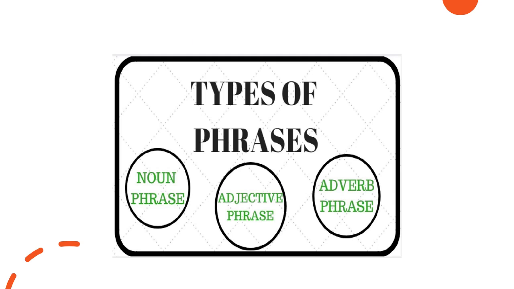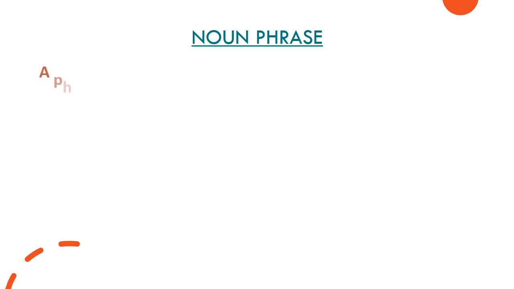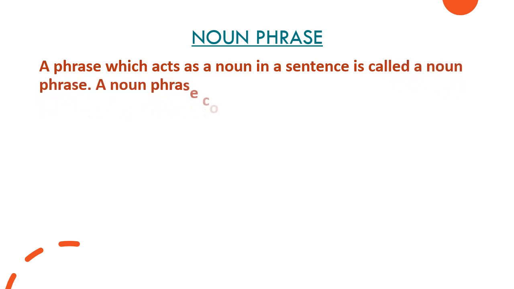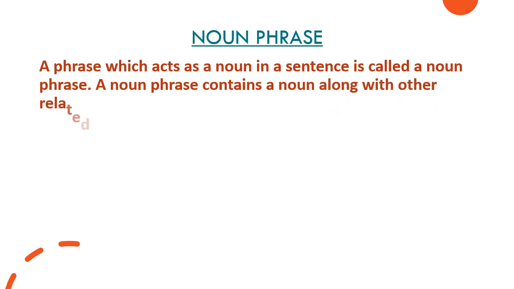So moving next, noun phrase. A phrase which acts as a noun in a sentence is called a noun phrase. A noun phrase contains a noun along with other related words. So now is it clear? What is a noun phrase?